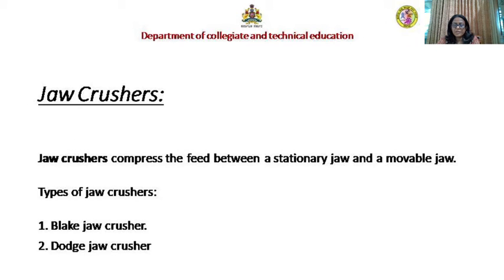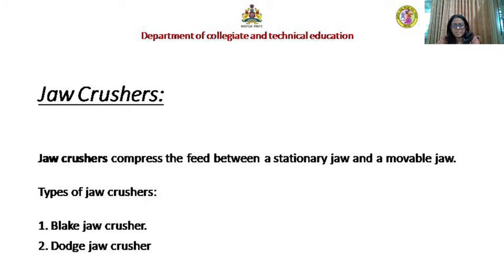So let us take up the primary crusher, that is the jaw crusher. The jaw crusher is a widely used crusher. As you've already studied, a primary crusher is the one which takes the feed in the form of big lumps and converts it to a size of smaller lumps.